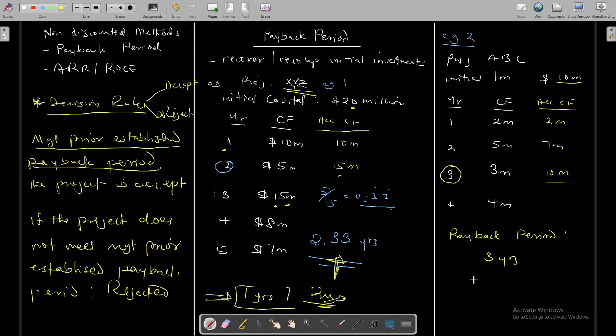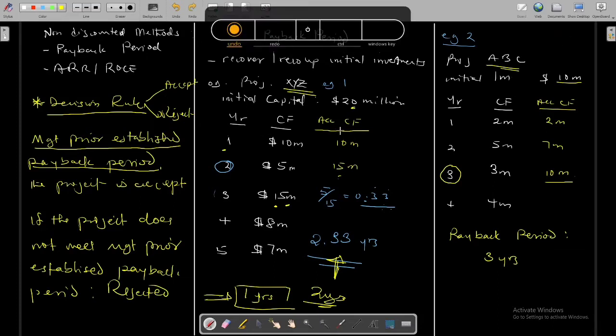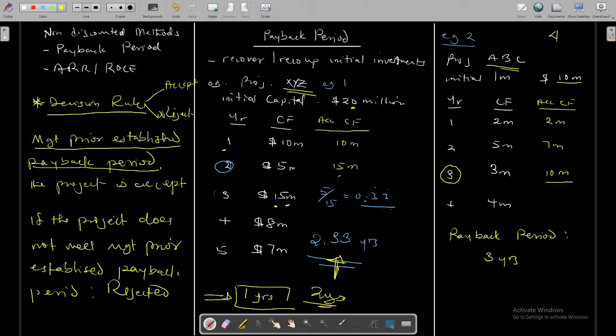However, let's take the ABC. If management's prior established payback period is say 4 years, management thinks that all projects should pay back or recover their initial investment in 4 years.